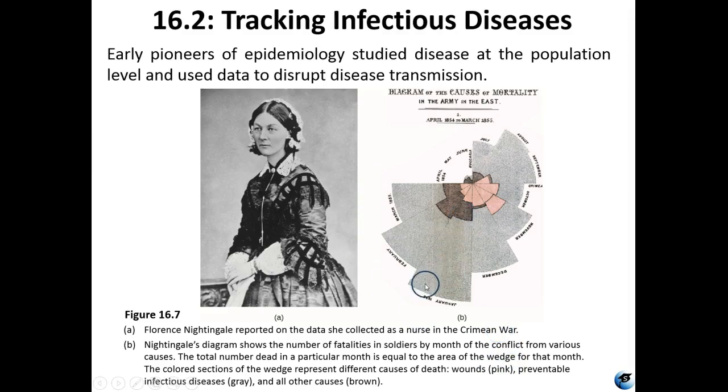And the colored sections of the wedge represent different causes of death. So the pink is wounds, preventable infectious diseases is in gray, and all other is in brown. So again, this is epidemiology. She was tracking the epidemic over time.